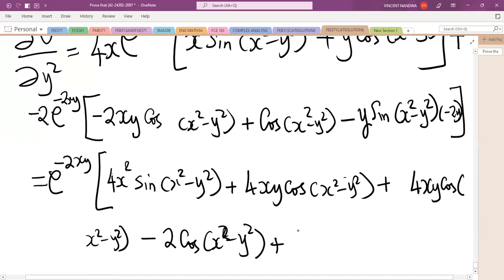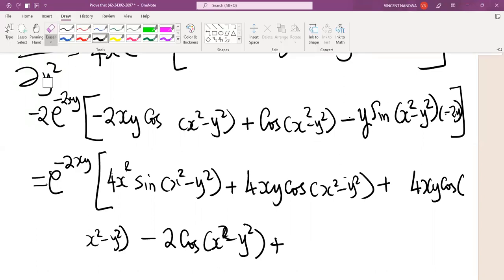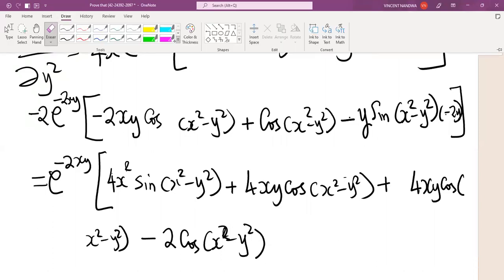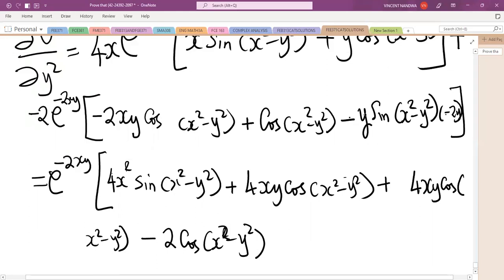So I'll have, remember here, this minus and this minus is plus, so this minus will now give me a minus sign. So I get, remember y times 2y is 2y squared, then by 2, so it'll be 4y squared sine of x squared minus y squared.